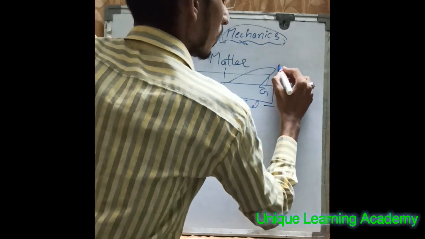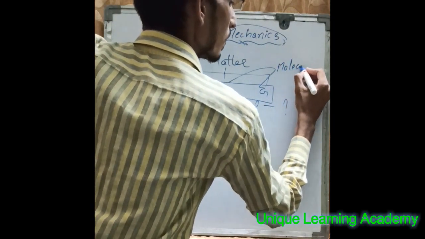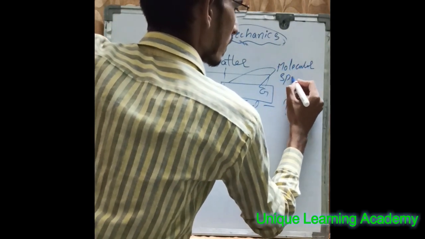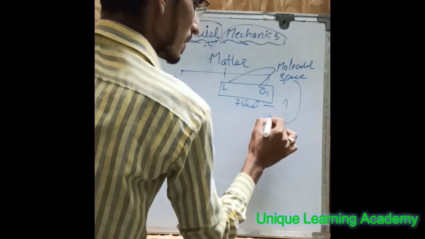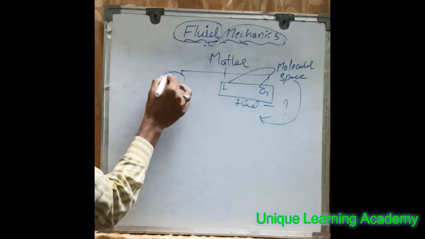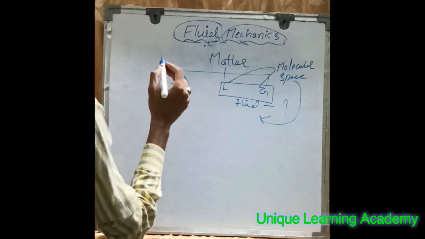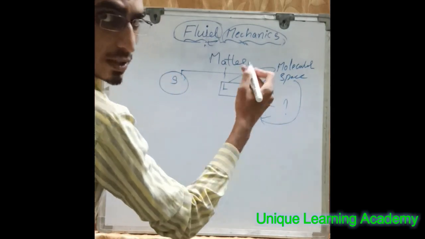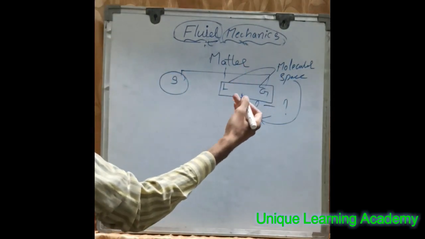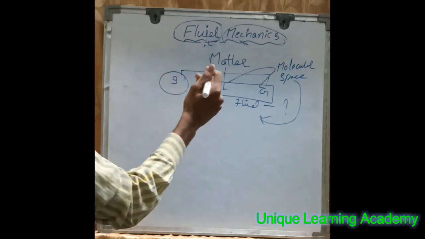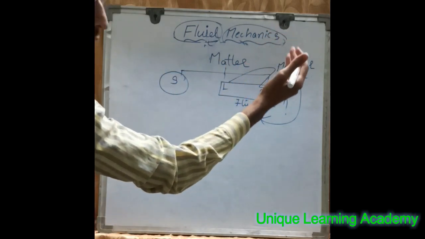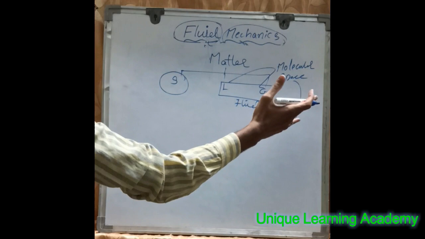Because of its molecular space we are calling it a fluid, but not a solid. So now let us know in depth why we call liquids and gases a fluid, but not solids.